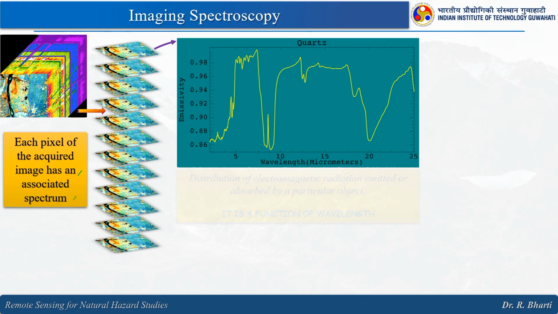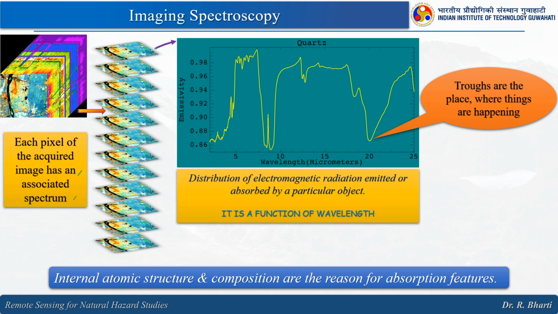So here, considering this is one pixel and we have derived this spectra. This is a hypothetical case, and this spectra will help you to gain the information about the target material based on their absorption position.